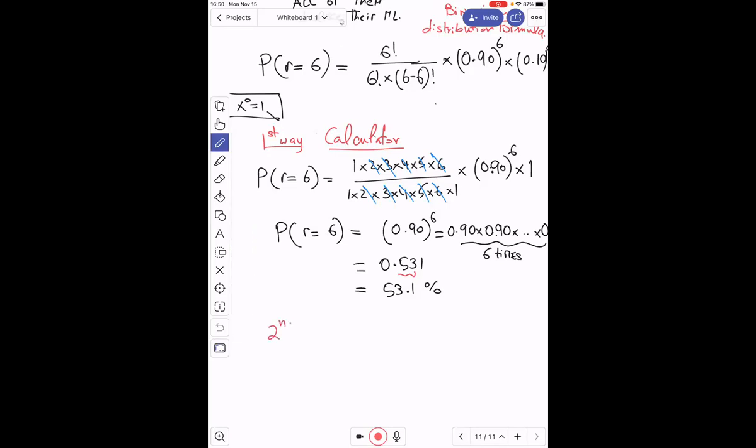A second way to compute this is using, as I said, our formula sheet, the table. I don't know if I can share my formula sheet. Let me see. So the second way is to use our formula sheet, the second page, table number 2.